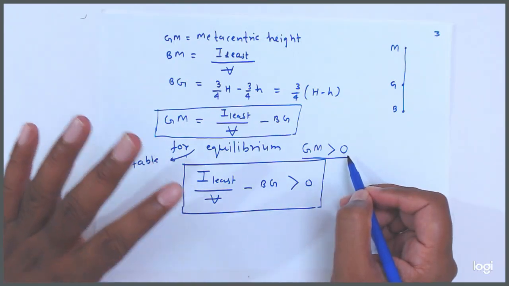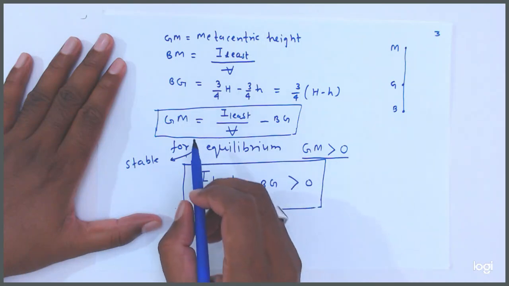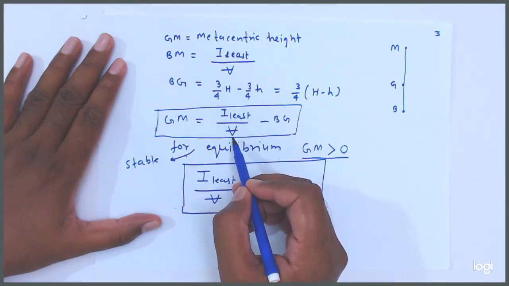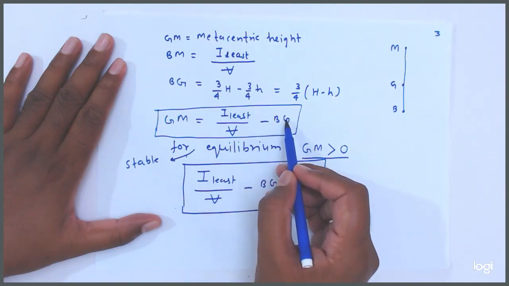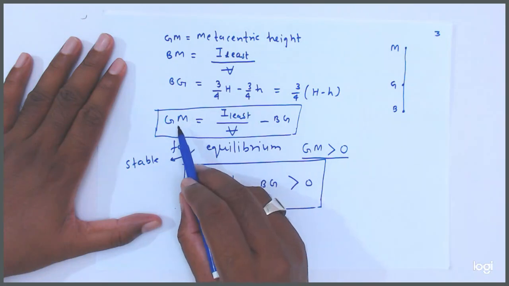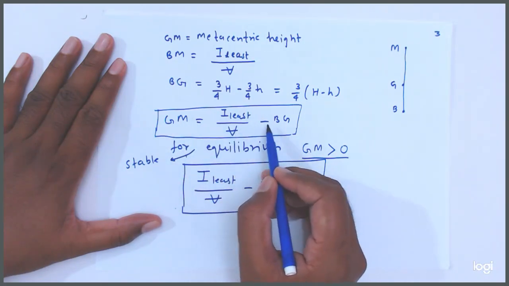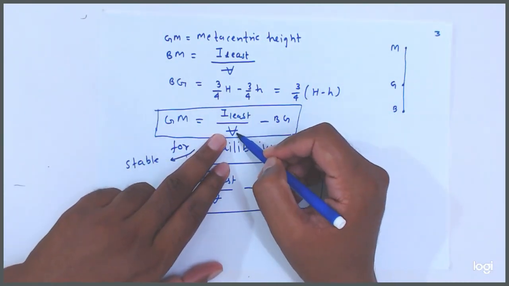Now what is the metacentric height GM? GM is equal to I least upon volume of liquid displaced minus BG. Okay, I least upon volume of liquid displaced is equal to what?